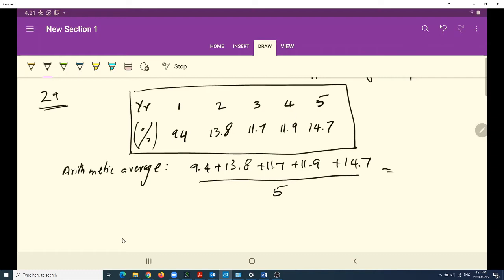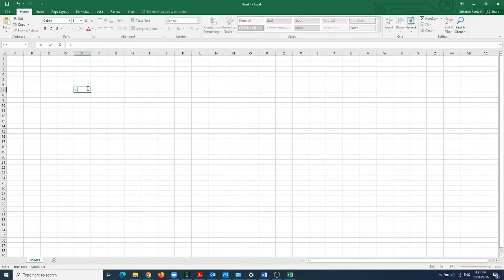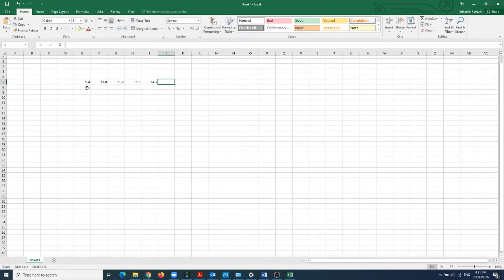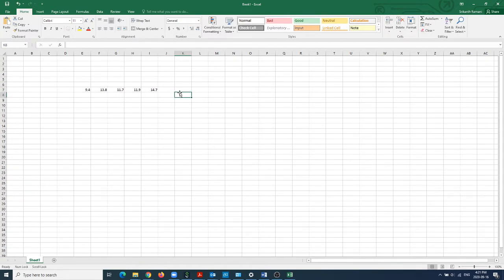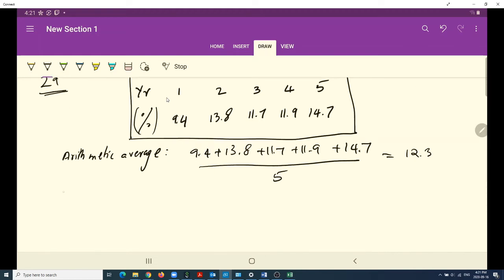So if you quickly work that out, the arithmetic average over here is 12.3. But now you're asked what's the geometric average.